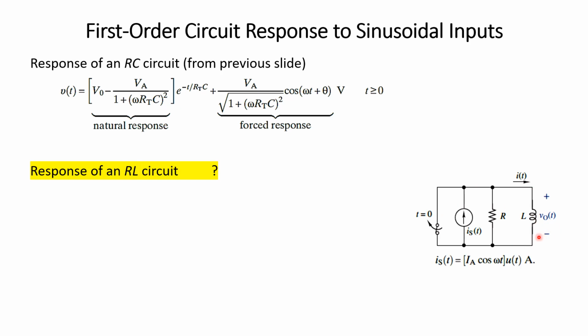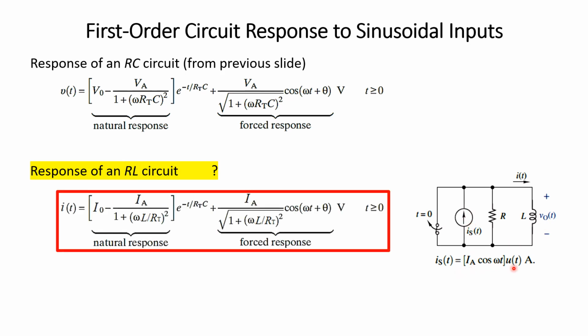If we write the differential equation, which we have seen before in the previous lecture, and the source is a sinusoid, we can find the complete response as this, and this is the natural response and this is the forced response.